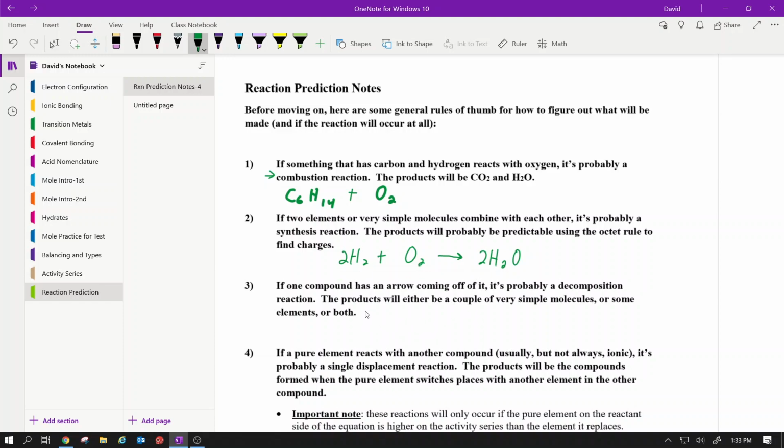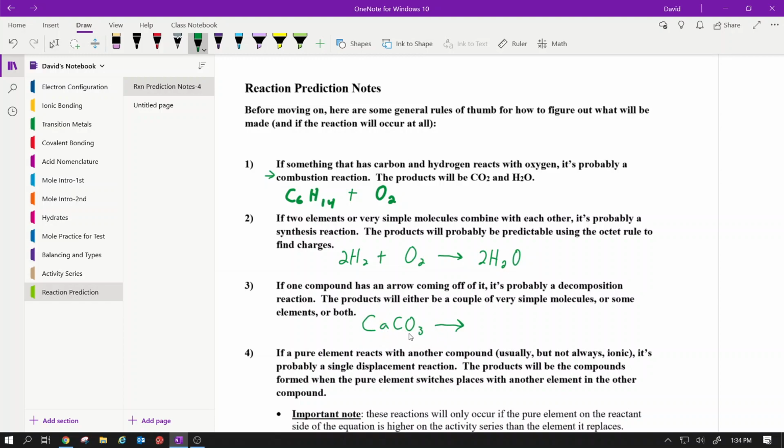There you go. If you have something that has an arrow coming off of just one compound, like, let's just say CaCO3. Okay, calcium carbonate. Let's see, carbonate's -2. And hey, if you've got one thing and then you've got an arrow, that lets you know it's going to be a decomposition.